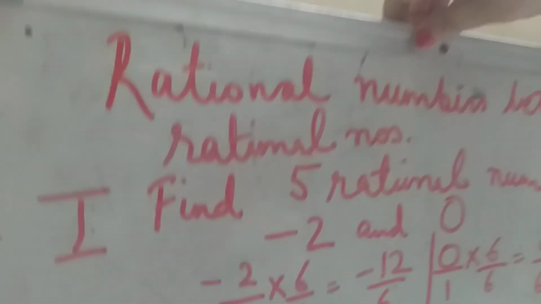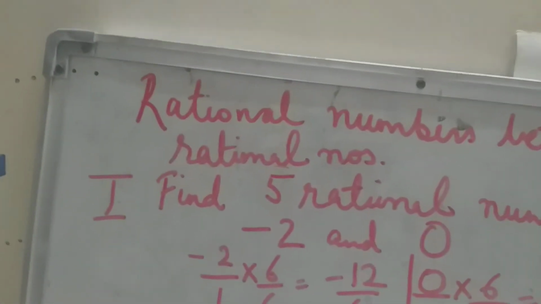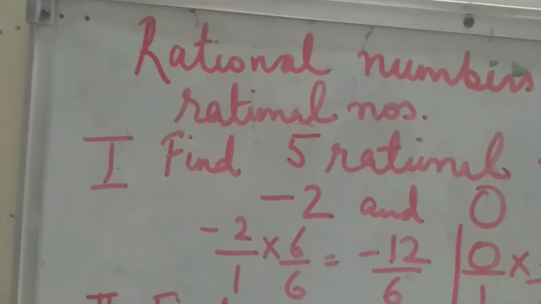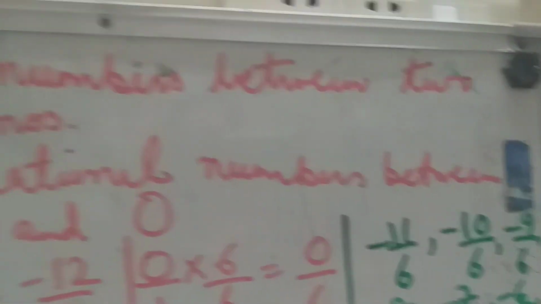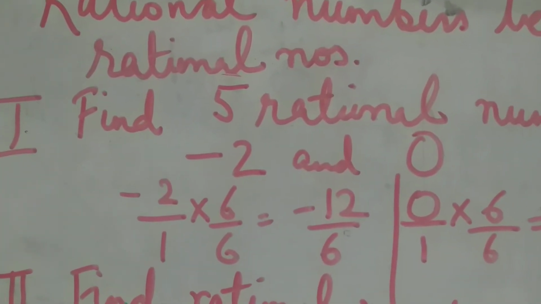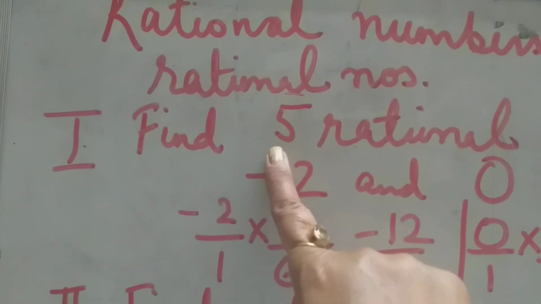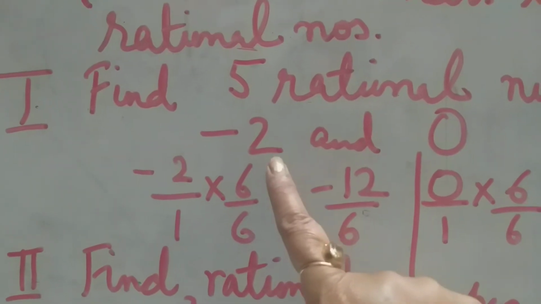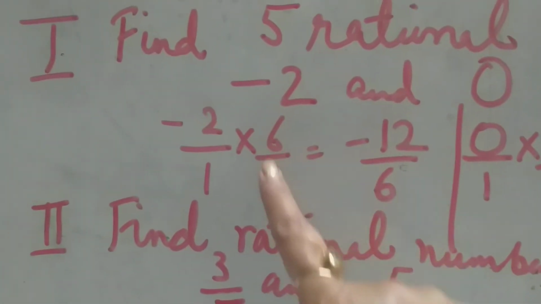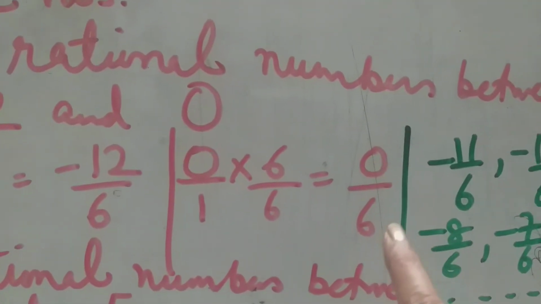Now next is how to find rational numbers between two rational numbers. For example, find 5 rational numbers between minus 2 and 0. These types of questions we have already done in class 7. What we used to do is, suppose I have to find 5 rational numbers, I multiplied both the numbers minus 2 and 0 by 6 upon 6, and I got minus 12 upon 6 and 0 upon 6.